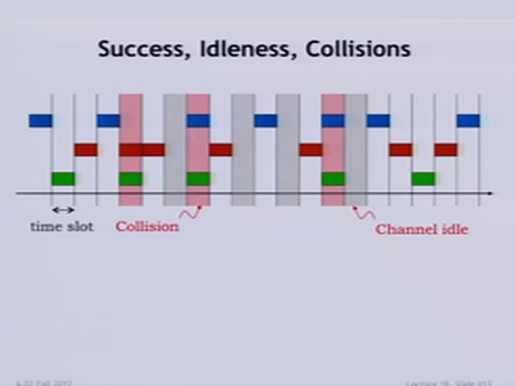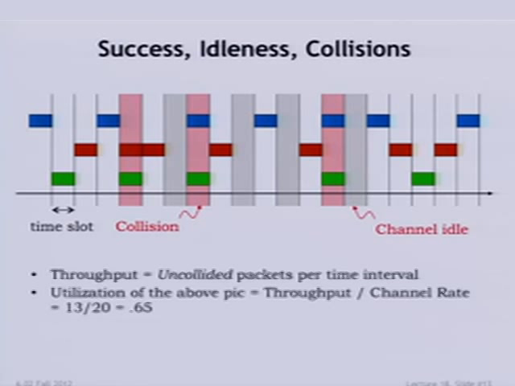If more than 1 node sends in a time slot, we have a collision. In our model, none of the packets sent in that time slot gets decoded. All of them are wasted. And everything else is a success. If you have a time slot in which exactly 1 packet is sent, we'll assume in this model that the packet is successfully decoded, and we count that as a successful packet reception.